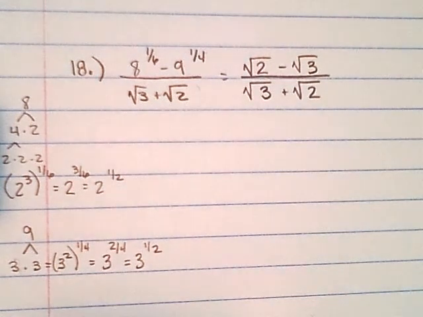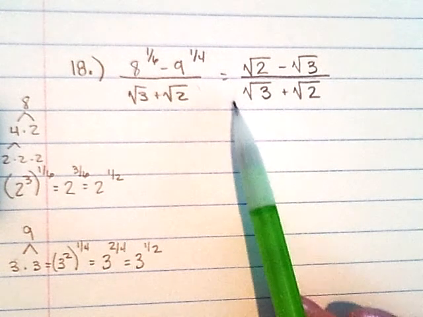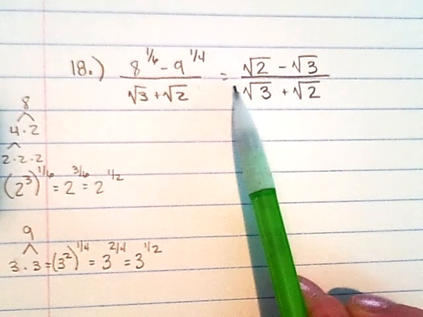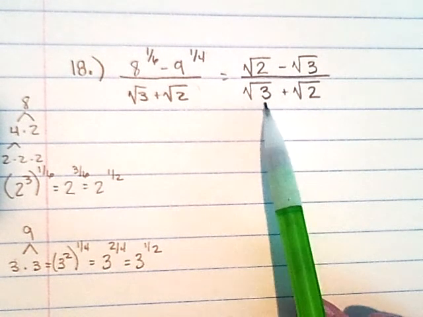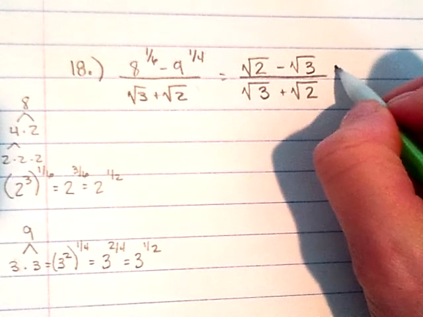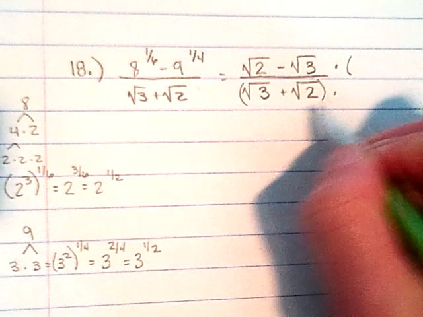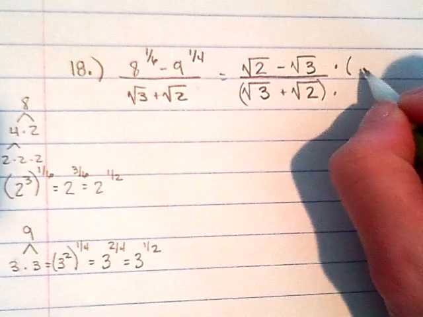Now that I have both the numerator and the denominator in radical form, I've got to work on getting those radicals out of the denominator. How I'm going to do that is use the conjugate of my denominator. So I'm going to multiply the top and the bottom by the opposite, the difference of squares.